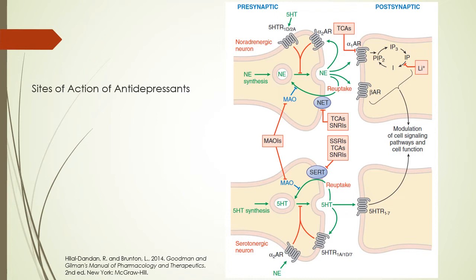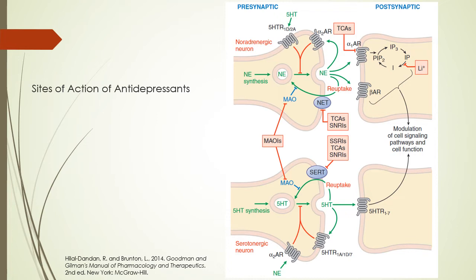So what do we want to do? As much as possible, we do not want to give these patients drugs that are agonists at these receptors, because if you do so, the norepinephrine release will decrease, and that will predispose the patient to an attack of depression, or the occurrence of depression.